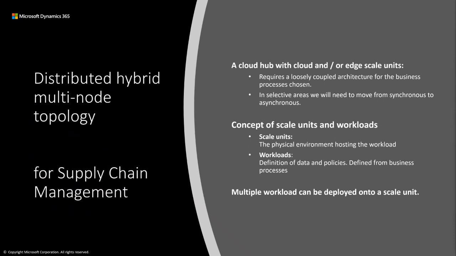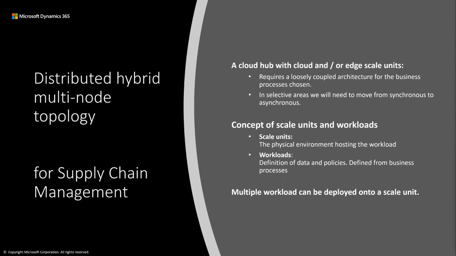We have the concept of scale units and workloads. So the scale units are those physical environments hosting the workloads. So those are the servers, either in the cloud or on premise. And then we have workloads, which are defined and allocated to these scale units.